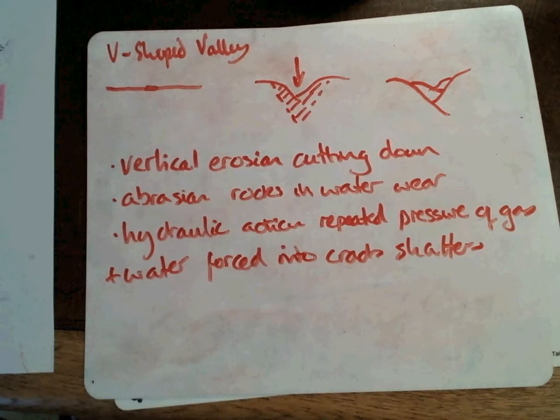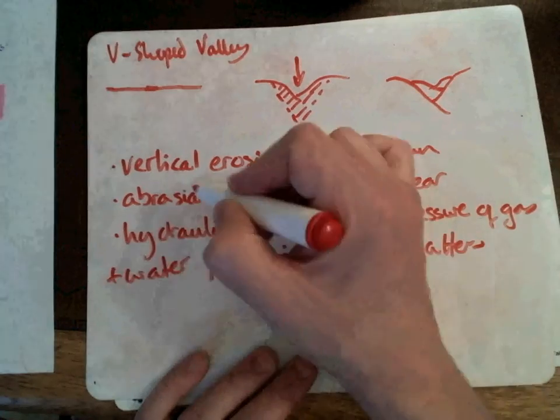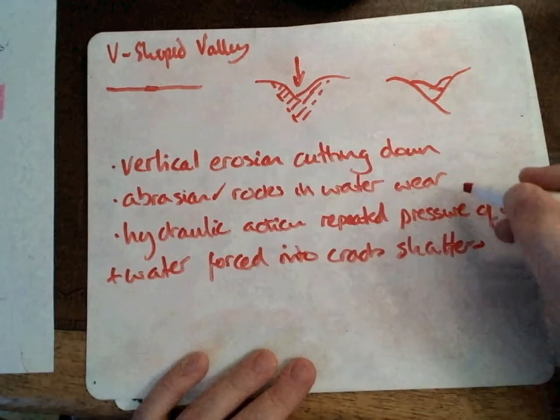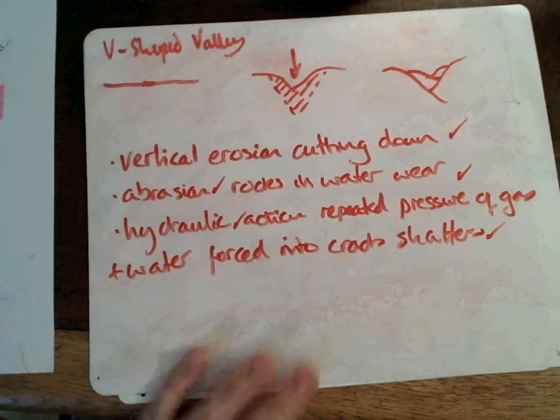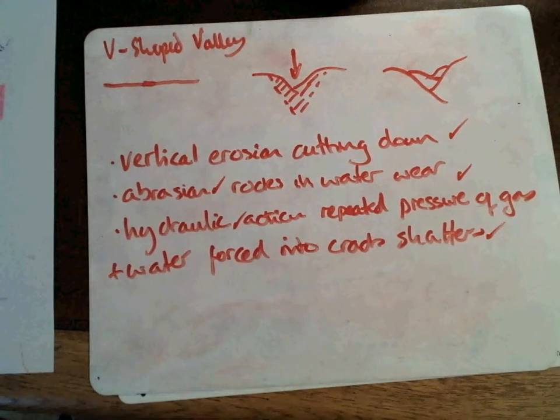Now, in the higher mark schemes, you're going to get a mark for abrasion, a mark for its definition, a mark for hydraulic action, a mark for its definition, and a mark here on vertical erosion. That's 5 marks right there.